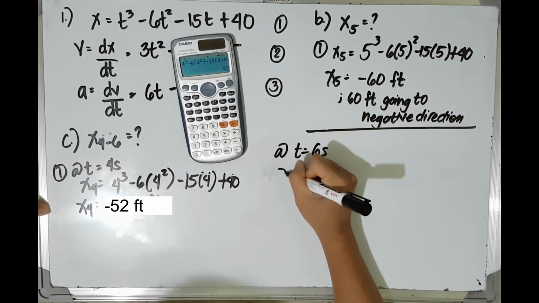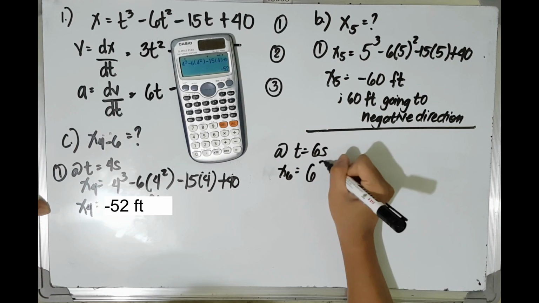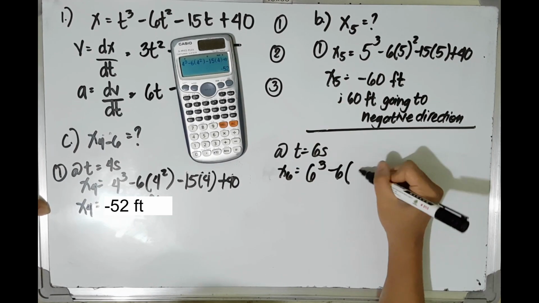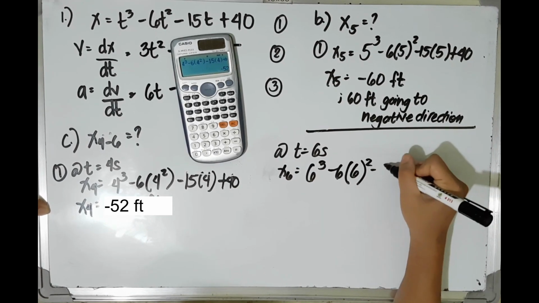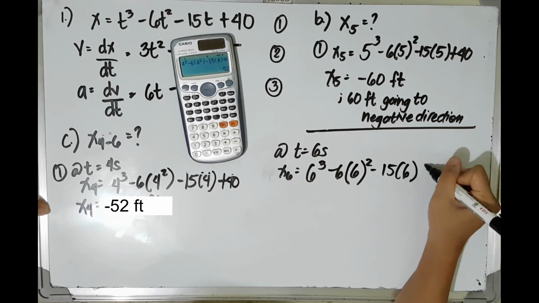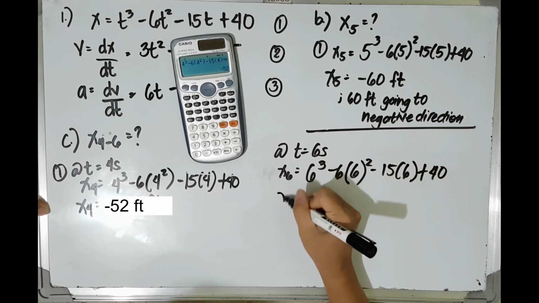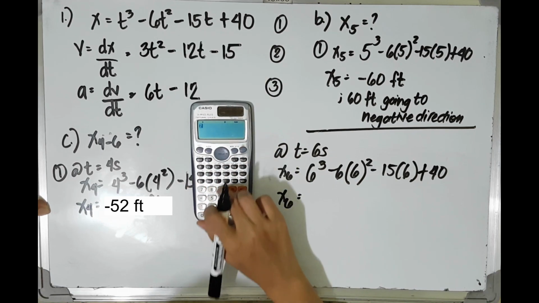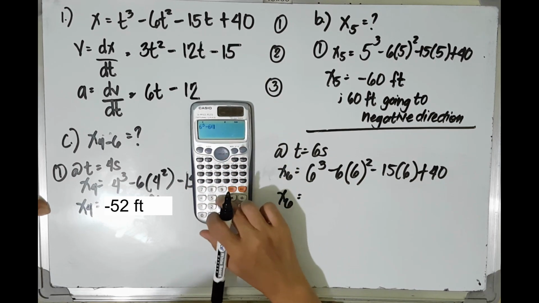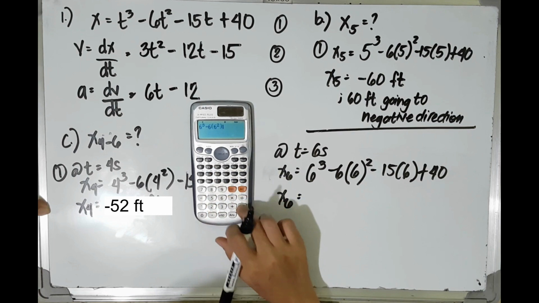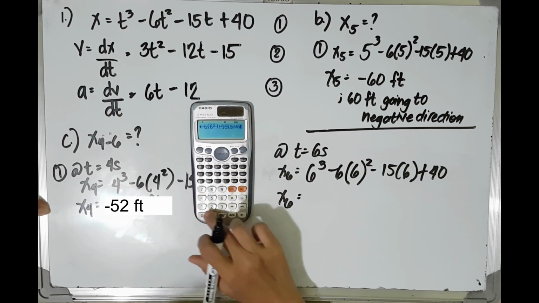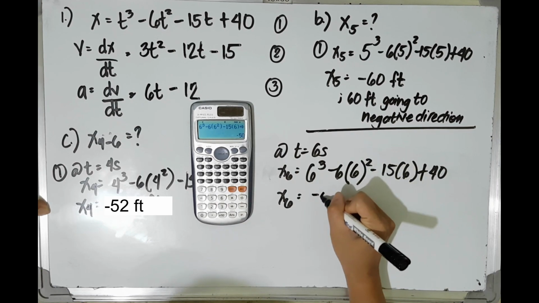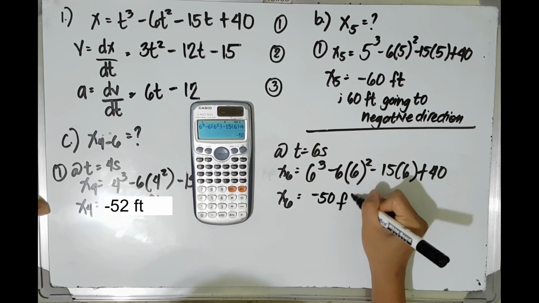So 6 raised to 3 minus 6 times 6 squared minus 15 times 6 plus 40. Therefore, the position at the 6th second would be equal to negative 50, or 50 feet going to the negative direction.